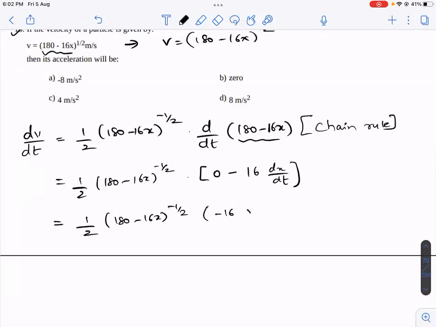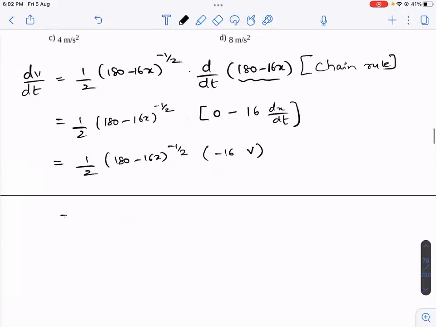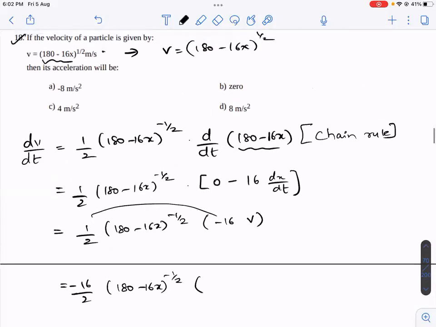Yes, sir. It is velocity, right? So this will be half into 180 minus 16x, the whole power minus half, into minus 16 outside, into what is v given? v is given as 180 minus 16x, the whole power half.